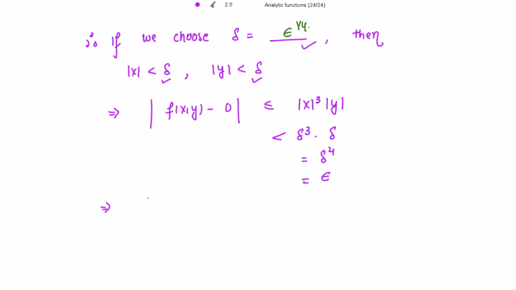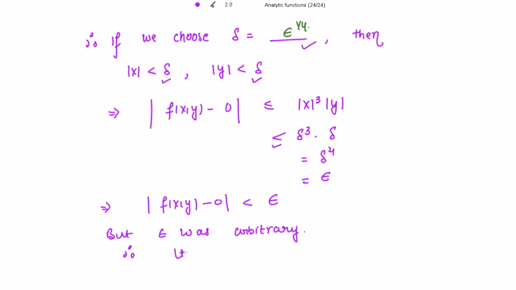So this implies what we have got, mod of f of xy minus 0 is strictly less than epsilon. We have to use this sign, yes, it is strictly less than epsilon. But epsilon was arbitrary. Epsilon is a very, very small positive real number which can approach 0.